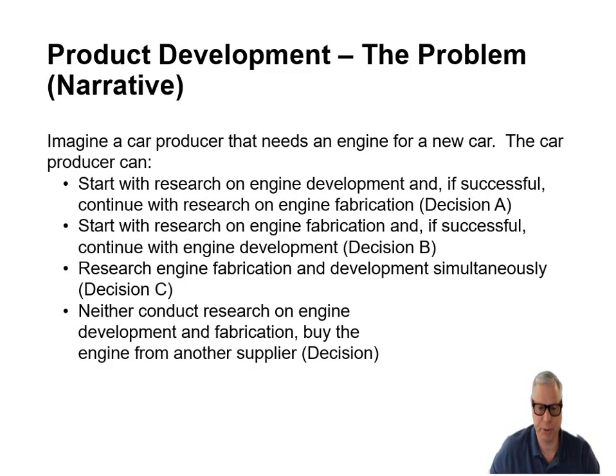That's decision B. Or the company can do the research on engine development and fabrication simultaneously. That's decision C. Or it can neither conduct research on engine development and fabrication and just buy the engine from another supplier.